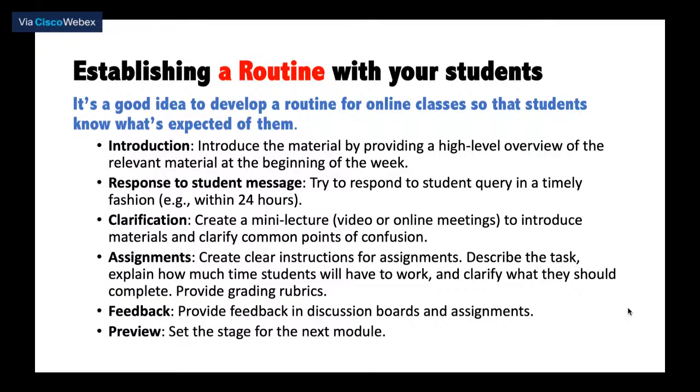Then, create a mini lecture or video or online meetings to introduce material and clarify common points of confusion. Say there are too many questions and students don't understand what you are saying, then you might want to create a mini lecture, just to cover that particular point they are confused about. It doesn't have to be long. Just a simple video using your handphone.